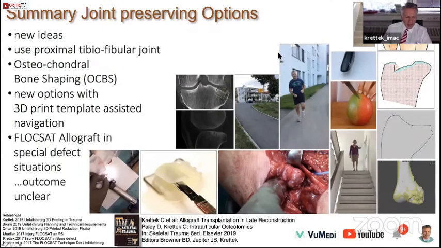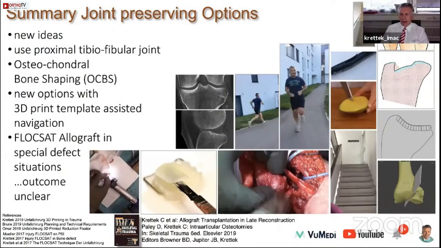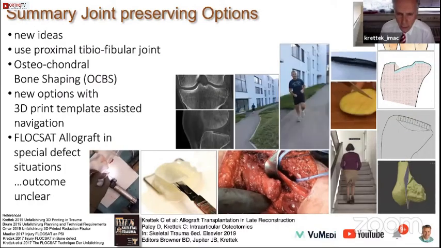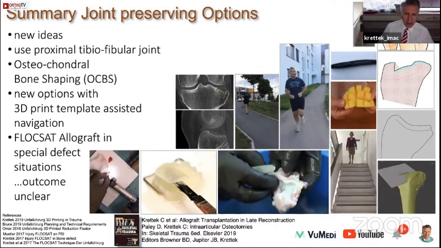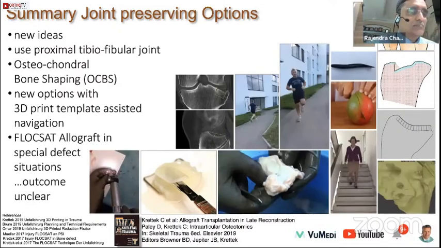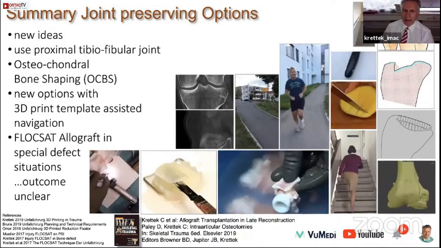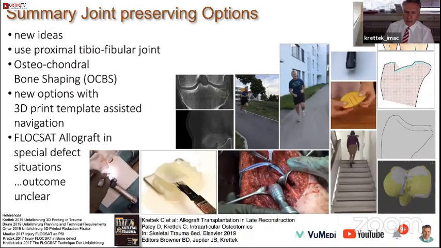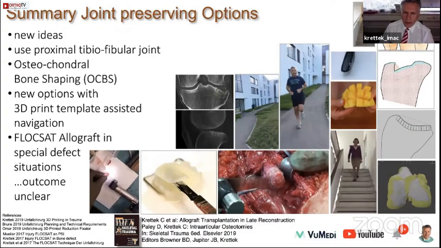So let me summarize. Post-traumatic intraarticular deformities are complex problems. They are not only related to cartilage, but also to alignment, ligament stability, and meniscus are important options.